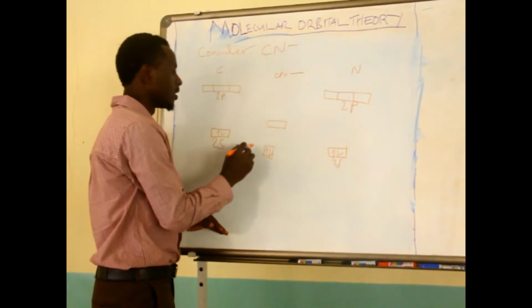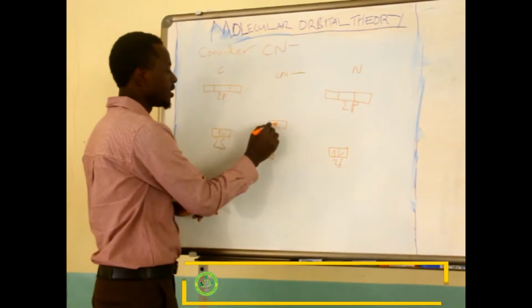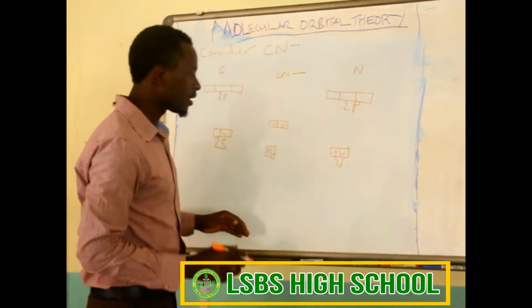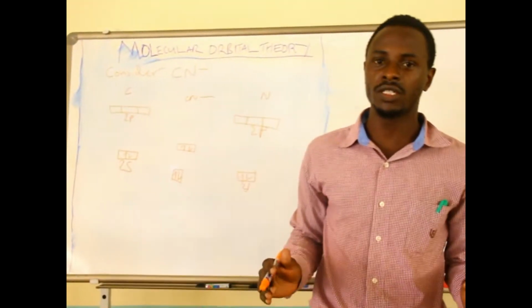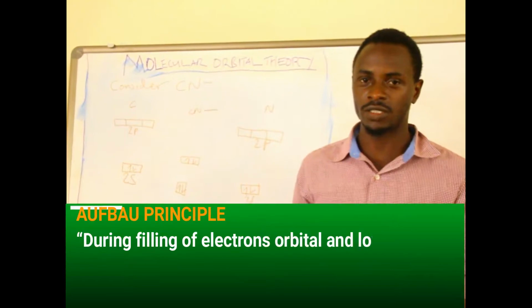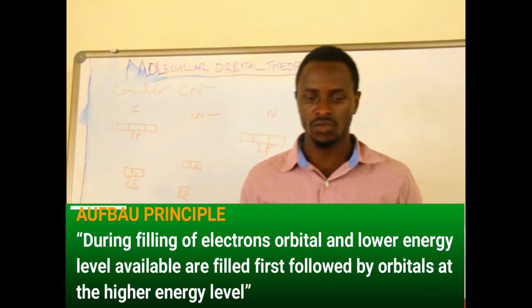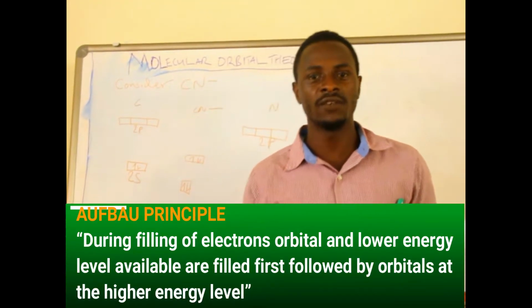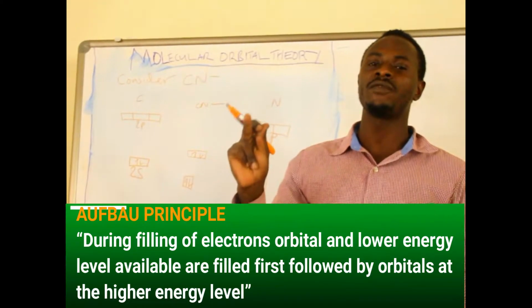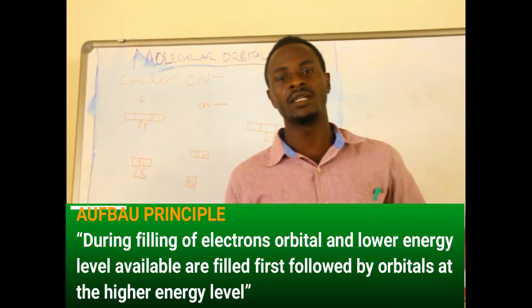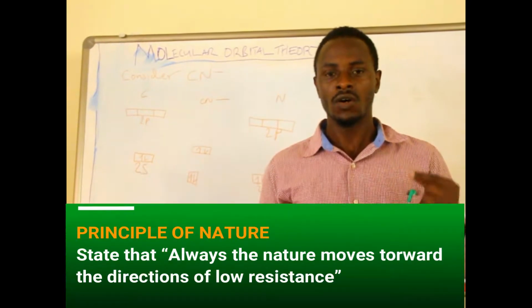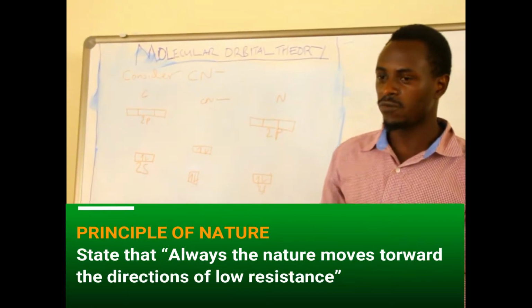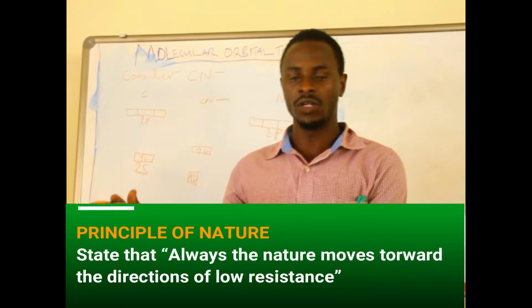1, 2, and the remaining electrons will be here. 1, 2. These electrons fill the orbitals according to the Aufbau principle, which states that in filling electrons, the lowest energy levels available are filled first, followed by the higher energy levels. And according to the principle of nature, nature always moves in the direction of low resistance.